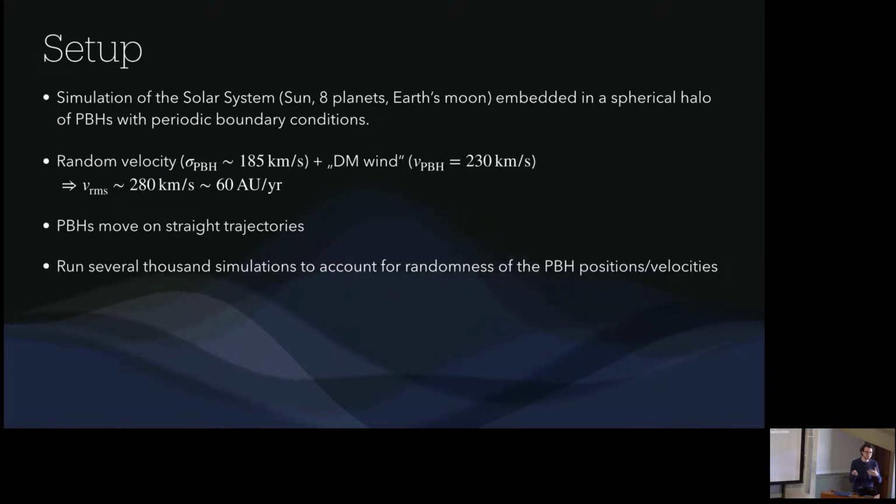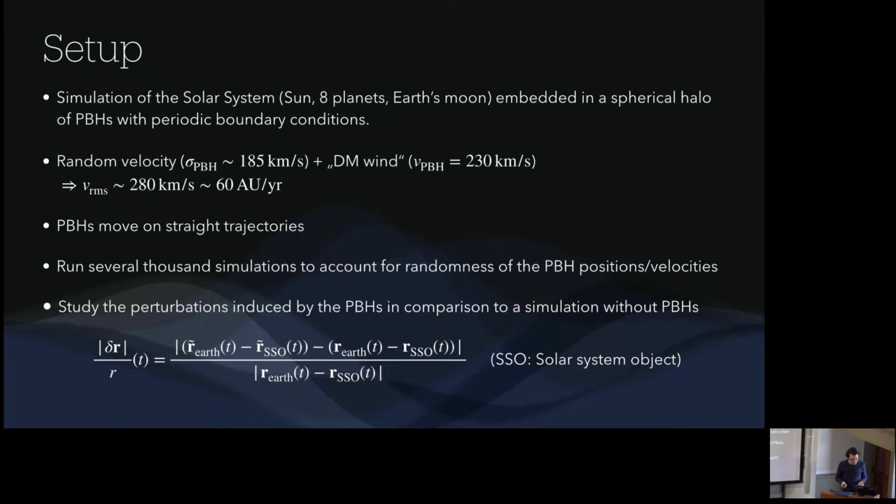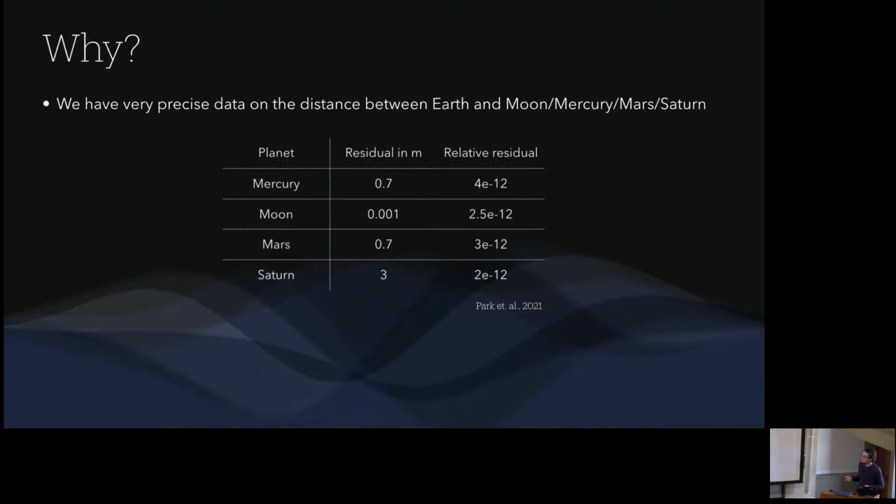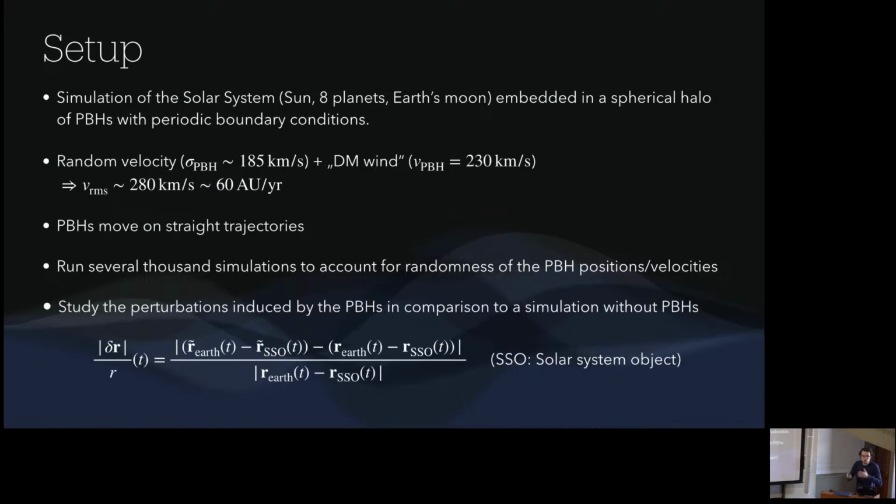So that you fill your phase space of how the perturbations can look like. And then the relevant quantity that you look at is essentially the vector between Earth and the solar system object and how that changes if you introduce PBHs. So essentially, how the PBHs affect orbital distances between solar system objects.